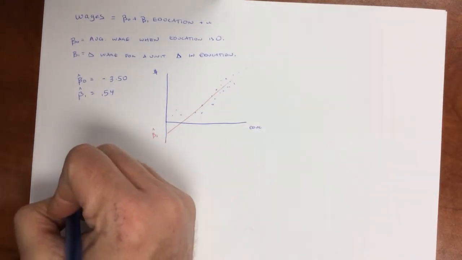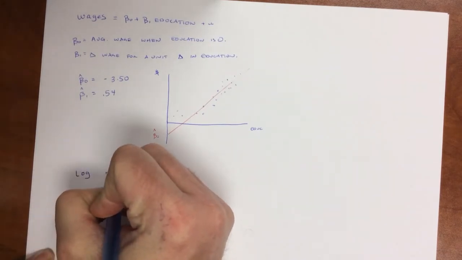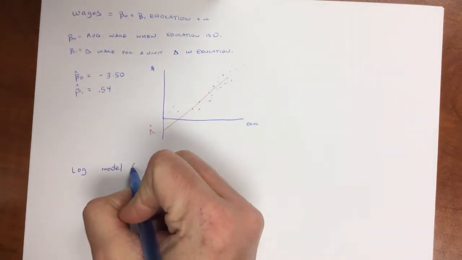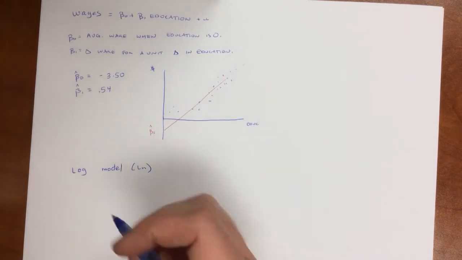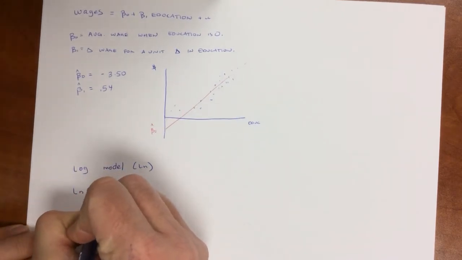So to do that, we're going to do what's called a log model. What this means is we change our model slightly by using the natural log. So we have log here, but we're going to use ln, which is the natural log, or log base e. All right, and so what we do now is we say, instead of wages, we take the log of wages.